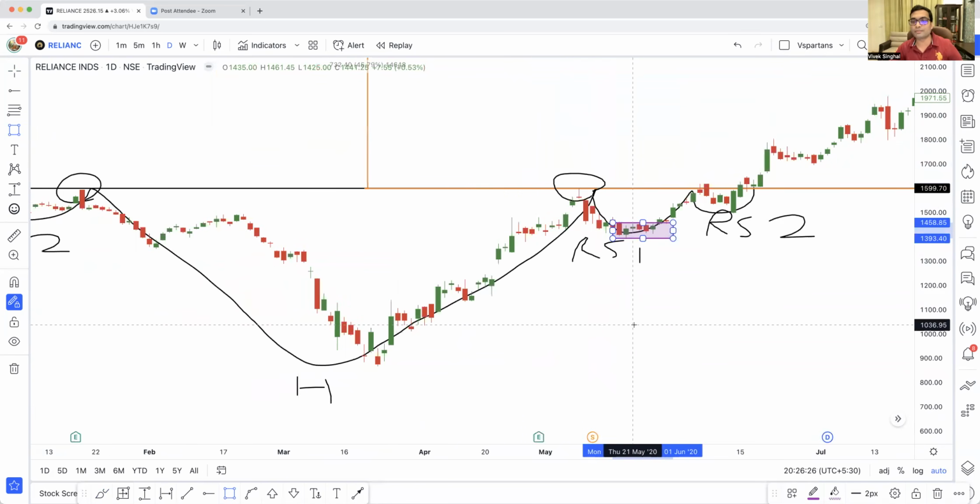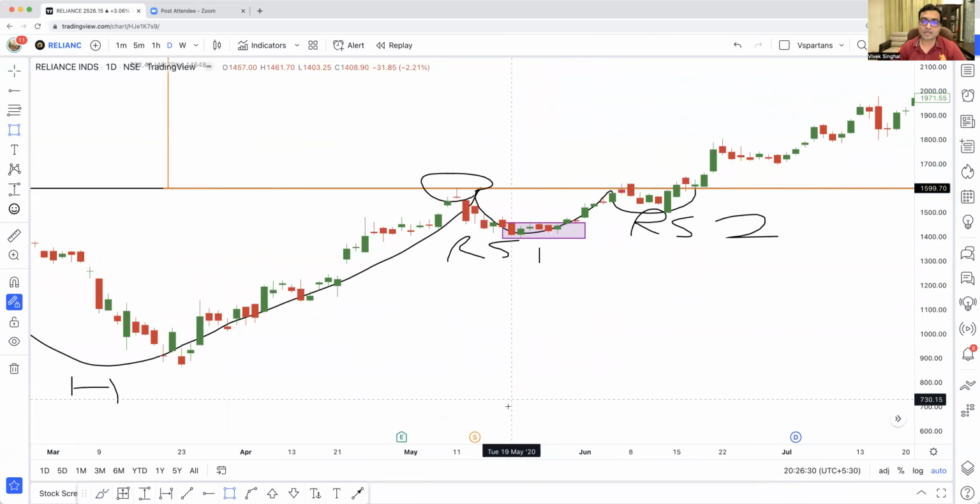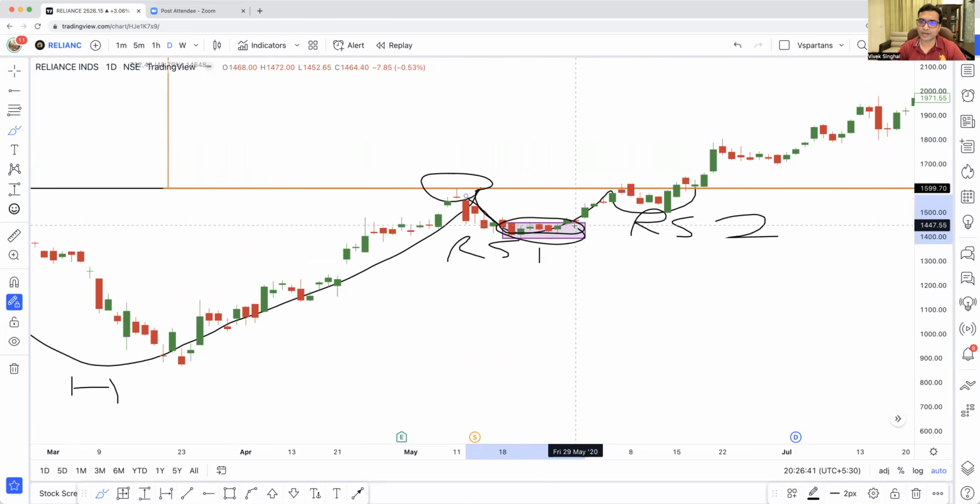What do we mean by base formation? There are 3 steps in a shoulder. One step is the price is coming down. Second step is the price is trading in a range. And third is the price has started moving up.